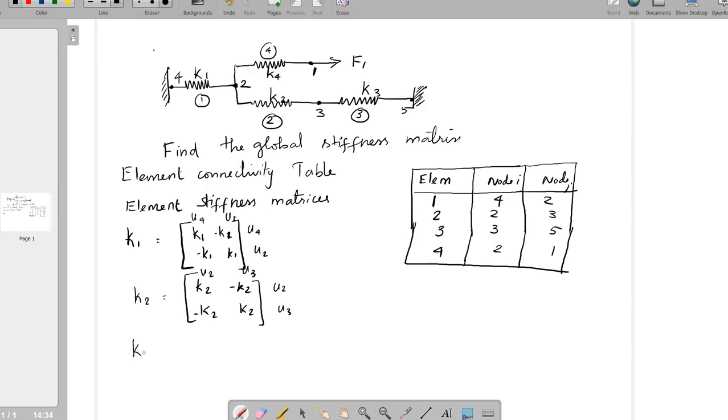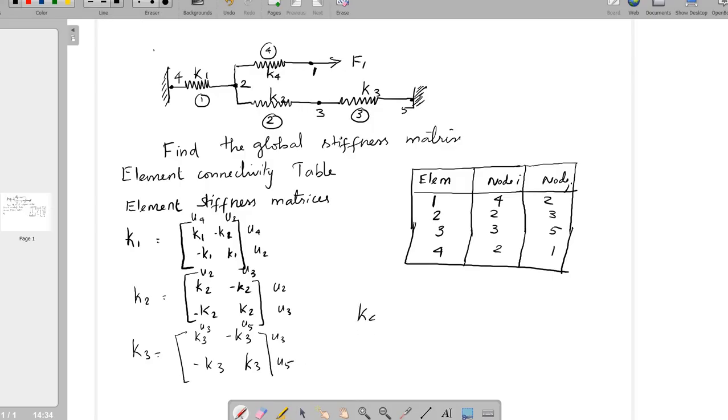Similarly, we can formulate for K3. So K3 is K3, minus K3, minus K3 and K3, for the nodal numbers of U3, U5, again U3, U5.